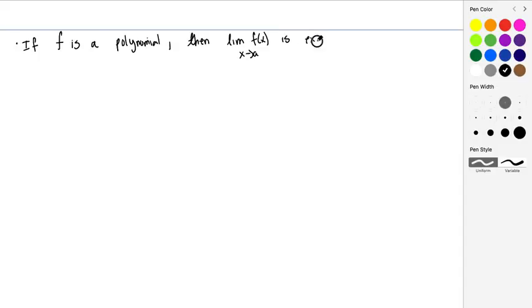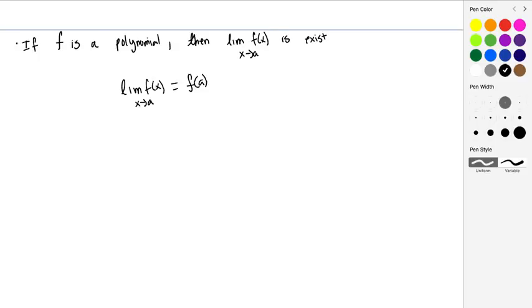So if you have any polynomial, you know that the limit of f of x as x approaches a is going to exist, and the limit is given by f of a. We're going to go to examples in a little bit, but that is the definition. So if you have any polynomial, then the limit of that function exists.